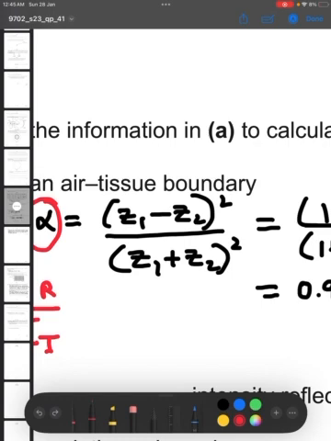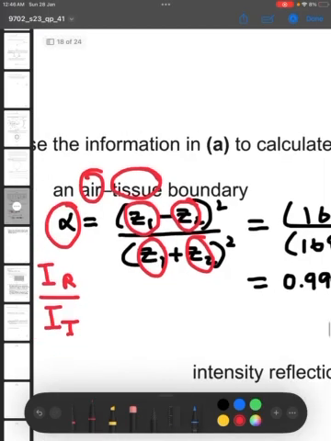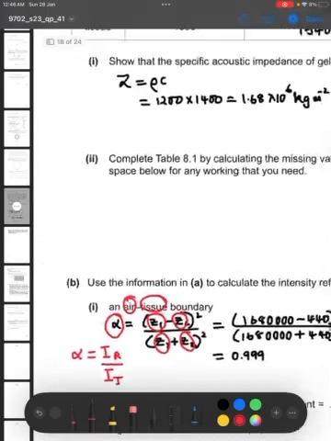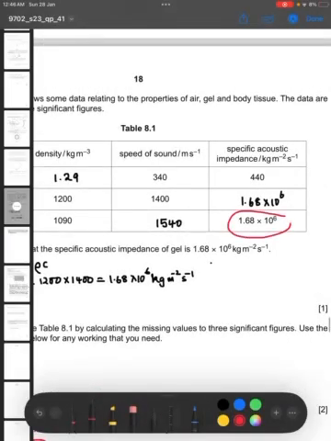But in this case, we want it for the air tissue boundary, so we use the acoustic impedance for air and the acoustic impedance for tissue, whatever order you do. But it is mathematically better to use the bigger one minus the smaller one anyway.